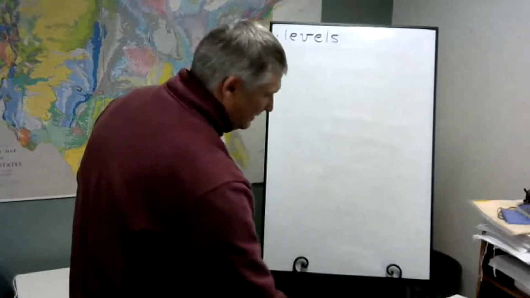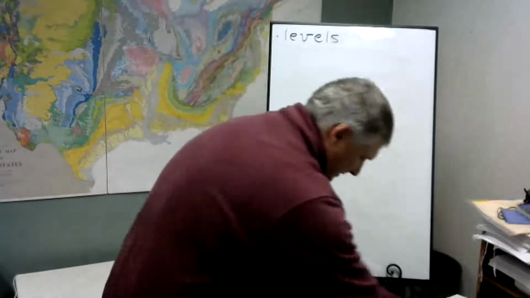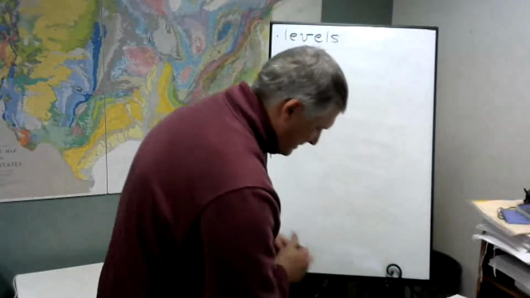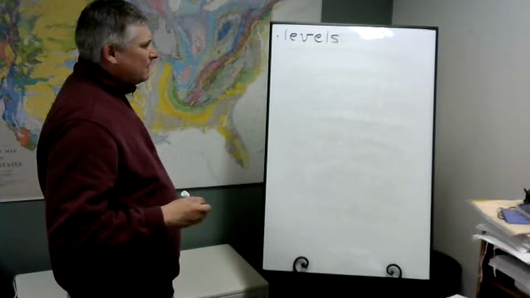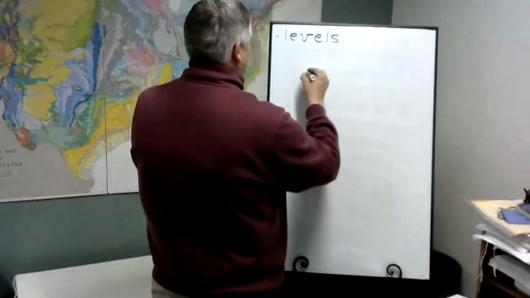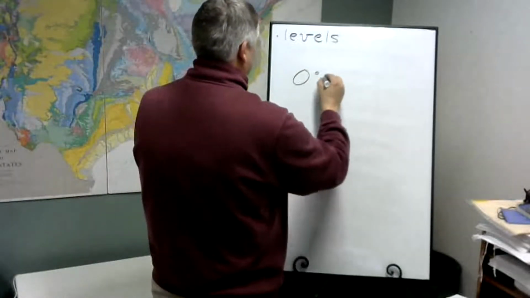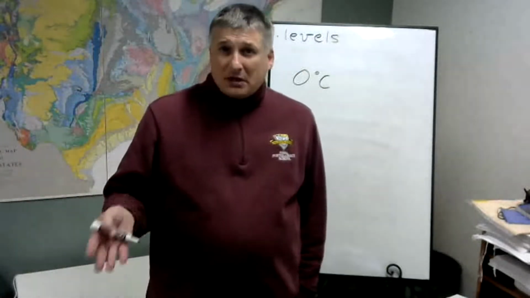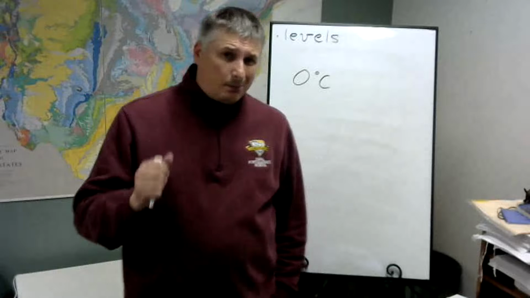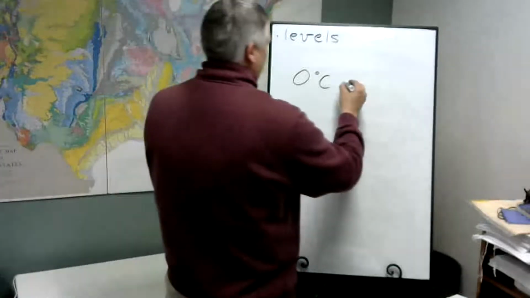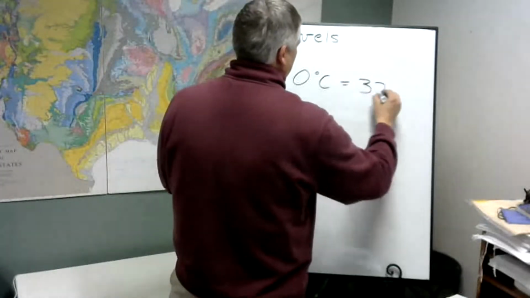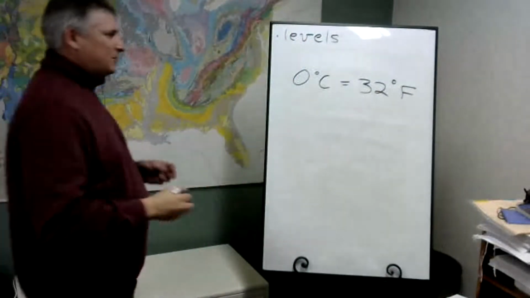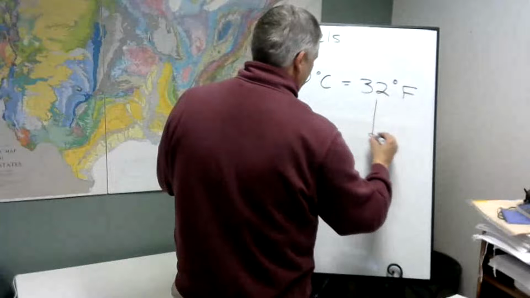So if we take a look at temperature, we have 0 degrees Celsius. So that's the 0 we've chosen if we're using Celsius. But this is 32 degrees Fahrenheit. The 0 degrees for Fahrenheit is somewhere down here.